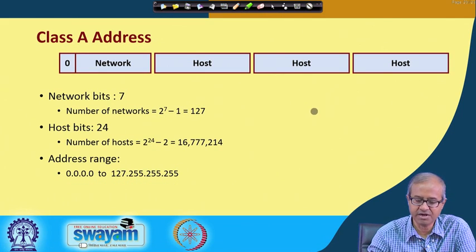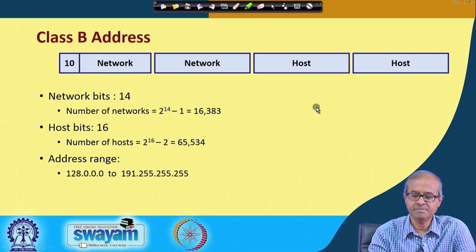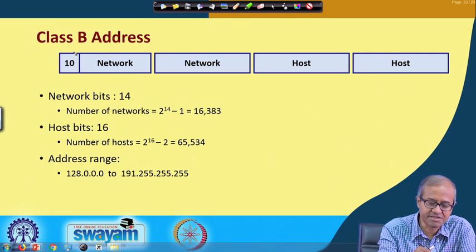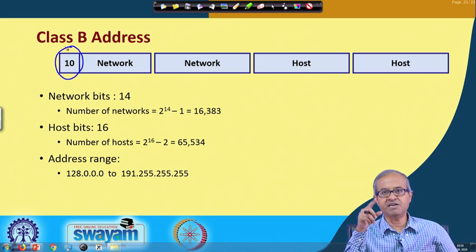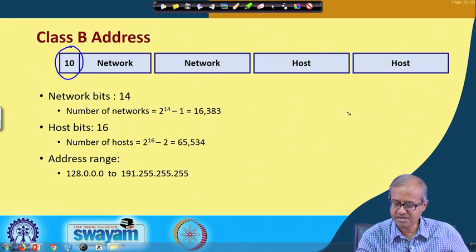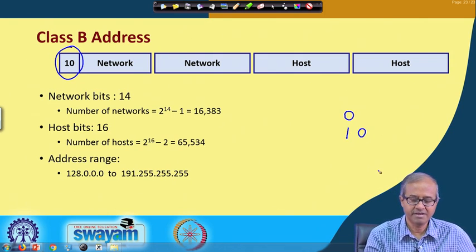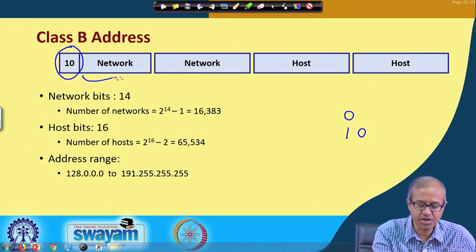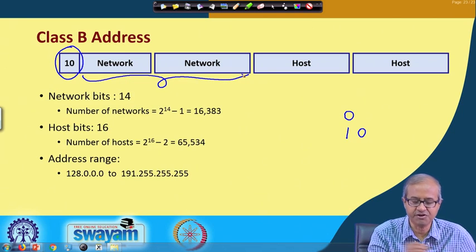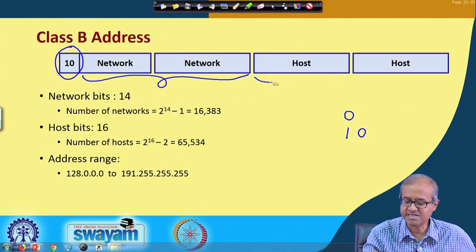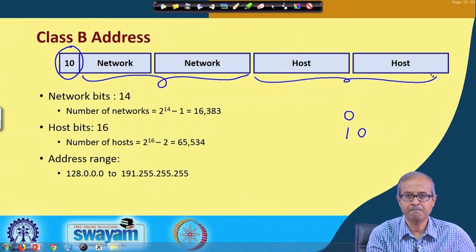Now, let us look at class B. Class B is uniquely identified again by the first few bits, by the first 2 bits. Anything that starts with 0 means class A, anything that starts with 10 means class B. Here we have 14 bits for the network, 2 bits are left aside, and 16 bits for the host.